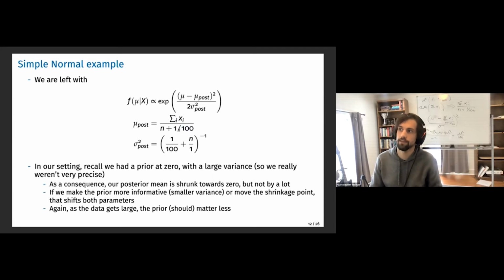The more precise my prior was, the more I would have down weighted this, because 100 would have gone to 10 or to 1, and so this would have increased. Or I could have shifted around the prior and that would have moved my posterior value for mu as well, and it would also have changed my underlying variance estimate.